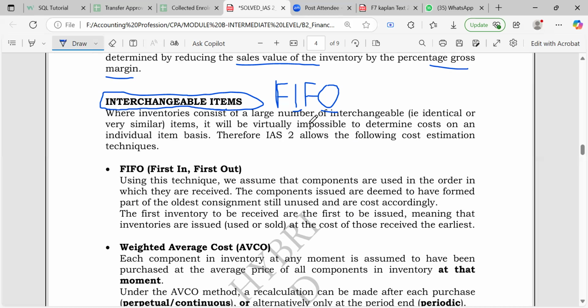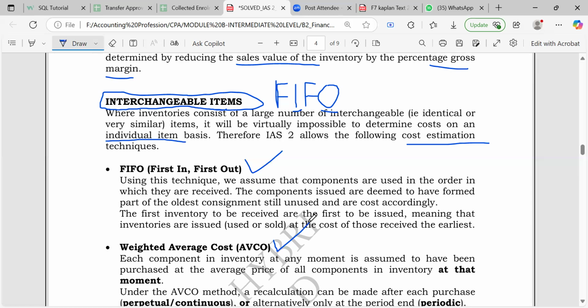If they're identical or very similar items, it will be virtually impossible to determine the cost on an individual item basis. You can't deal with one item after another, although you would have liked to. Therefore, IAS 2 allows the following cost estimation. So this is just a way of estimation. So we have FIFO, first in, first out, and AVCO, weighted average cost.